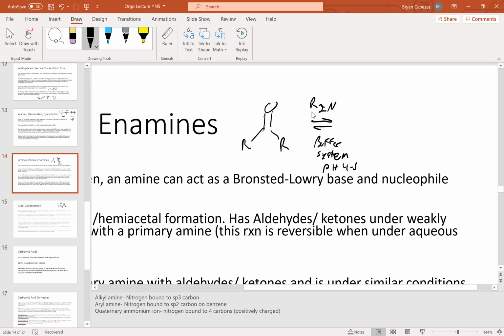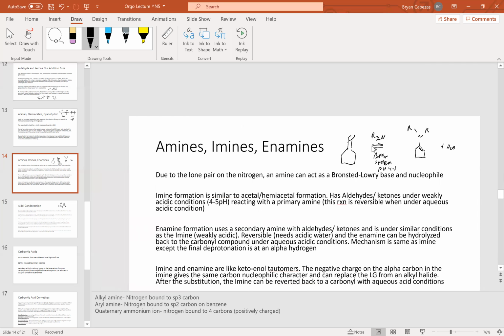You can still use the same buffer system with a low pH, and with this we create our enamine. Let me give this a structure: the nitrogen with two R's on it, since it's a secondary nitrogen with two carbons on it, and then our double bond over here. And at the end, we have an H2O molecule. That is how we form an enamine.